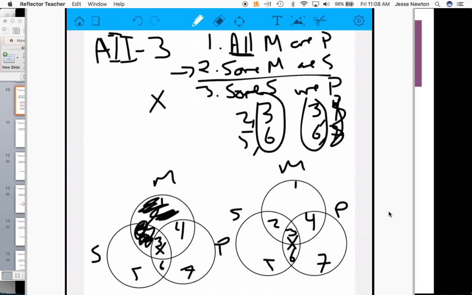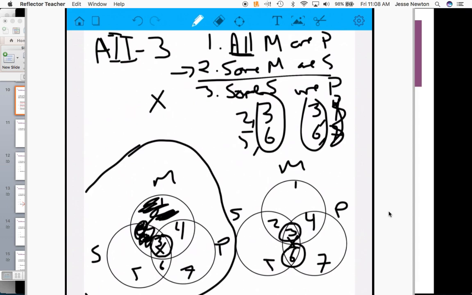Now, this argument is valid just in case the combined premises definitively put an X either in 3 or in 6. They can put it in either one. And we look over here, and lo and behold, they put an X definitively in 3. And so for that reason, this argument is indeed a valid argument.